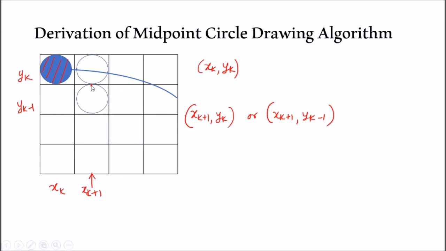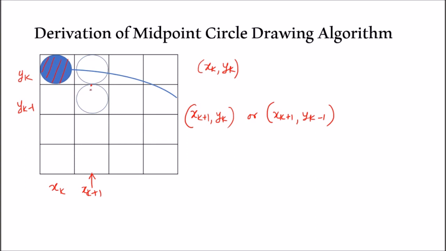If the midpoint is inside the circle, it means the upper pixel is part of the circle. If the midpoint is outside the circle, the lower pixel is part of the circle. So we have to check the midpoint between the two pixels to decide whether the upper pixel or the lower pixel will be part of the circle. Hence this algorithm is called the midpoint circle drawing algorithm.